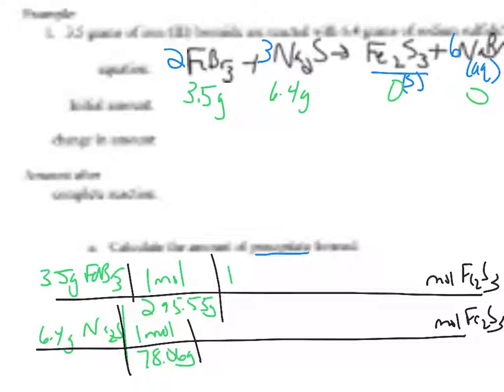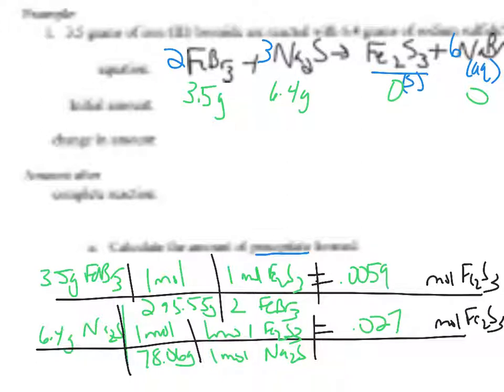So it's 1 to 2 for the FeBr3: 1 mole of the Fe2S3 to 2 moles of FeBr3, and 1 mole of Fe2S3 for every 1 mole of Na2S. And I'm going to calculate at this point to compare the number of moles.